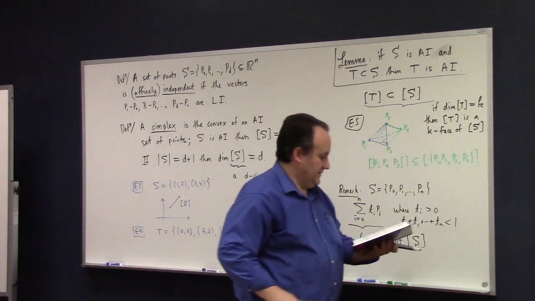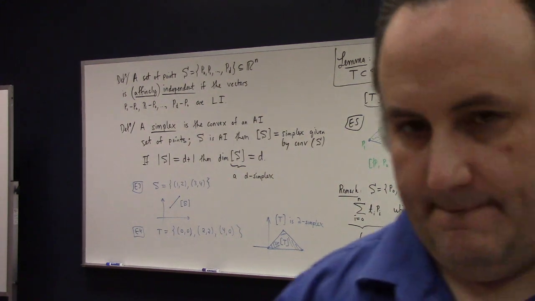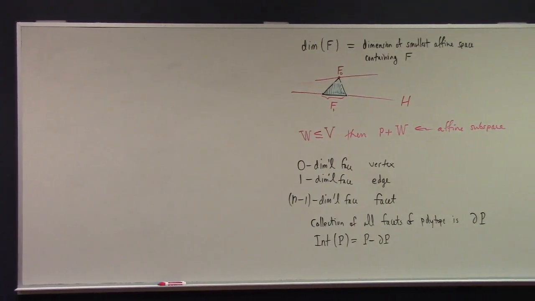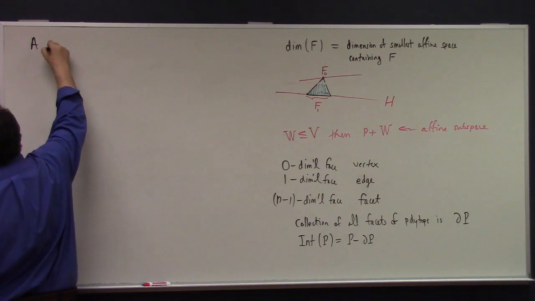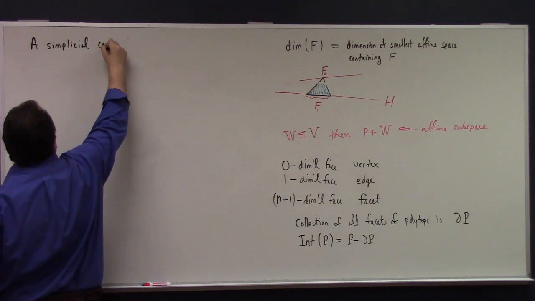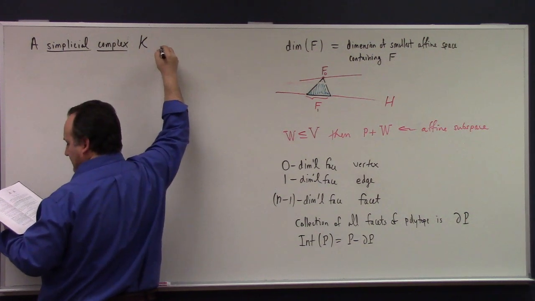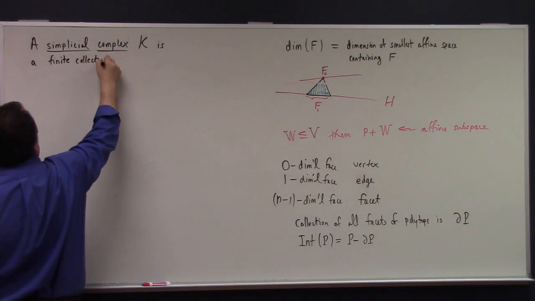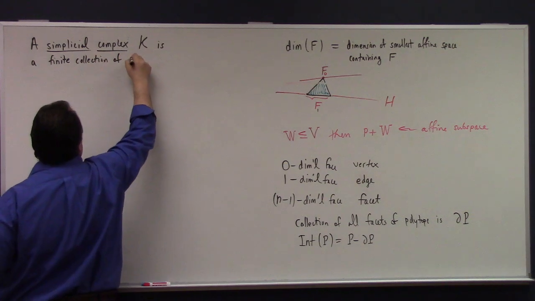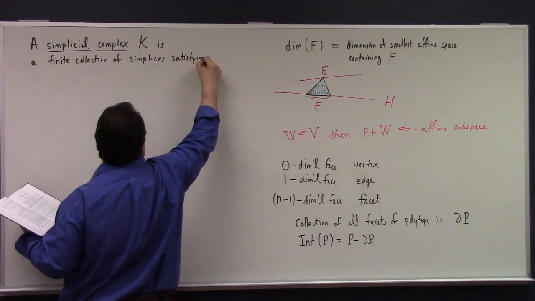So now we come to the main definition, as he says. A simplicial complex K is a finite collection of simplices satisfying two properties.